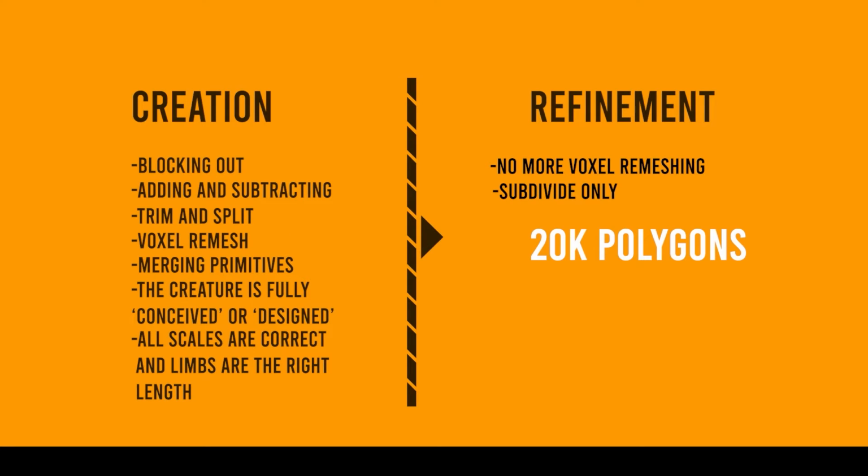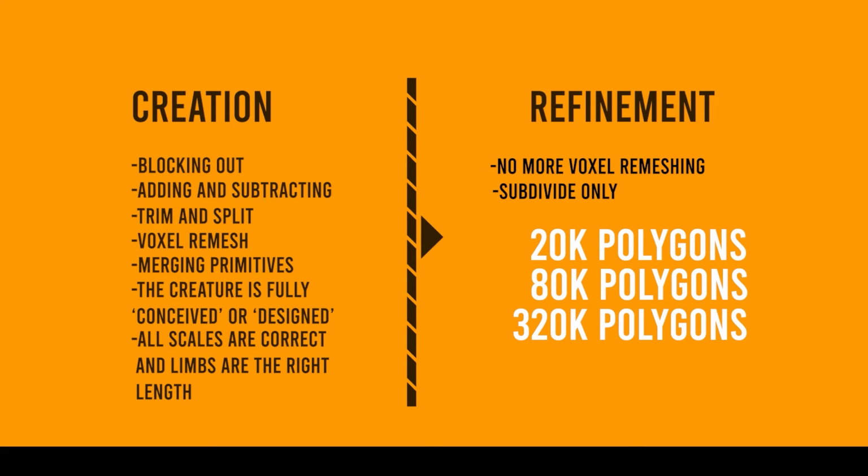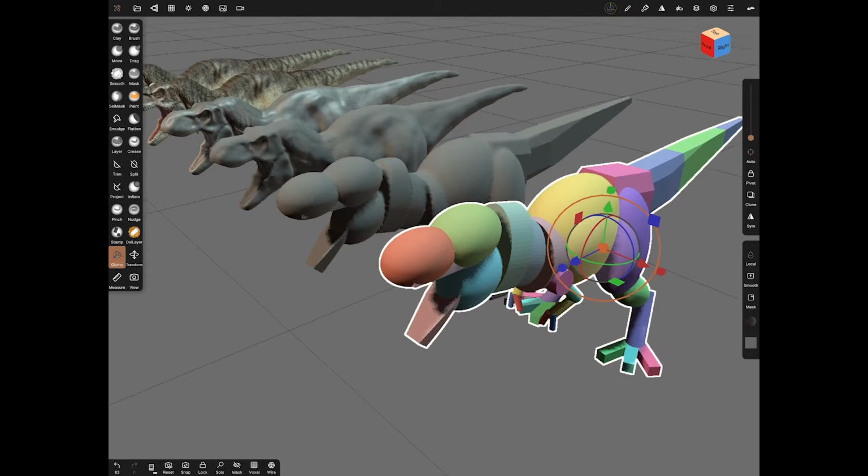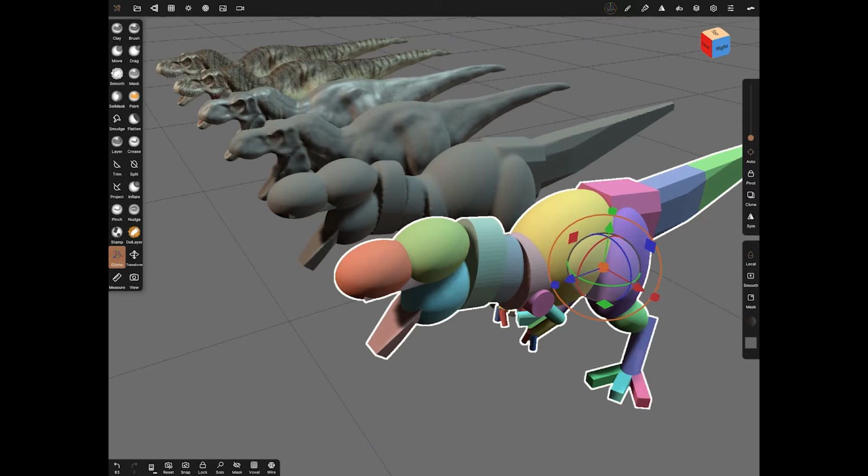So if your base model's 20,000 polygons, and then you multiply that by 4 because you're going to subdivide it, that's up to 80,000, and then it goes up to 320,000 and onwards and onwards. So what you don't want to do is be at 320,000 and then remesh it and lose all of that subdivision capability of being able to go back down, which is crucial for when we get to posing.